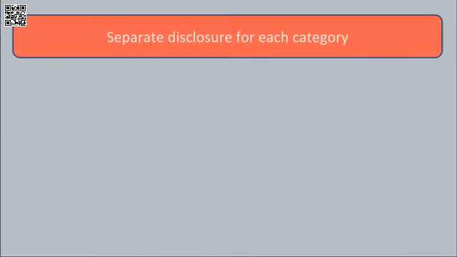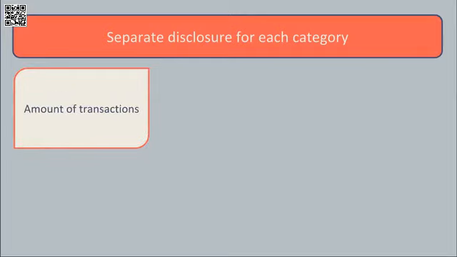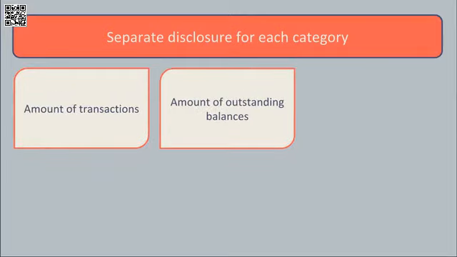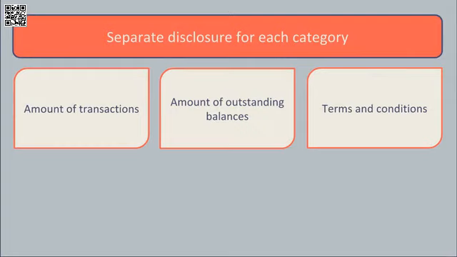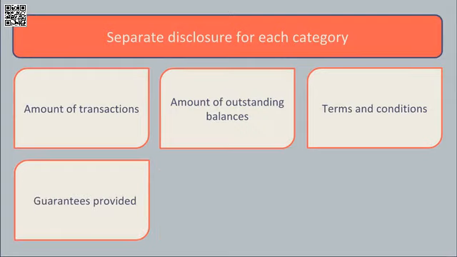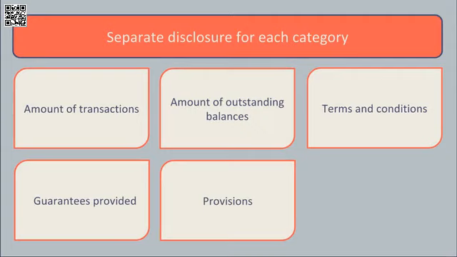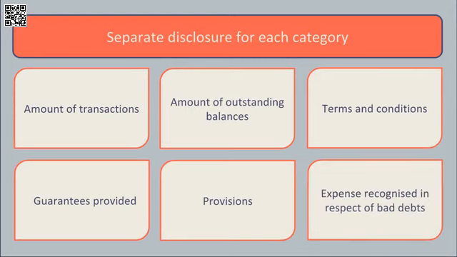A separate disclosure is needed for each category of related parties and needs to have the amount of the transactions, the amount of outstanding balances, the terms and conditions of the transaction, any guarantees provided, any provision for doubtful debts related to the outstanding balances, any expense recognised during the period in respect of bad or doubtful debts from related parties.